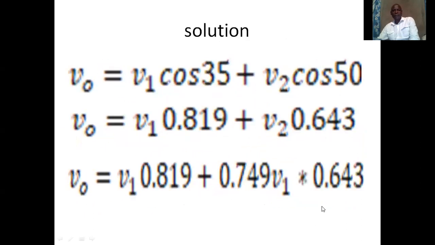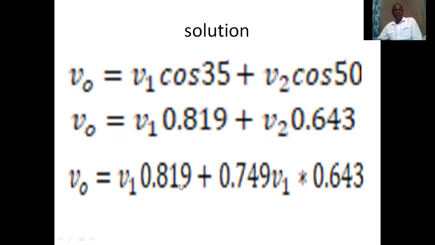And therefore, this is now what we have here. And therefore, we can find the value of cos 35, which is 0.819, and the value of cos 50, which is 0.643.